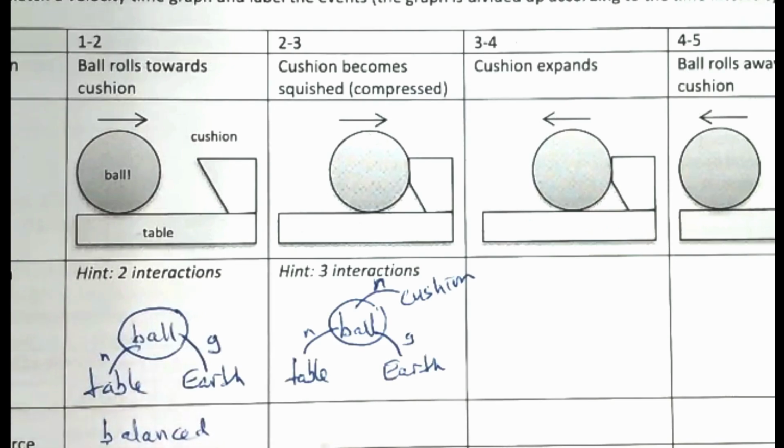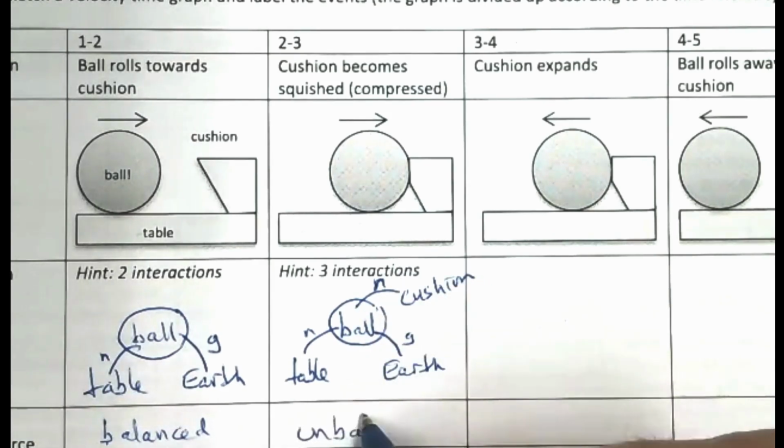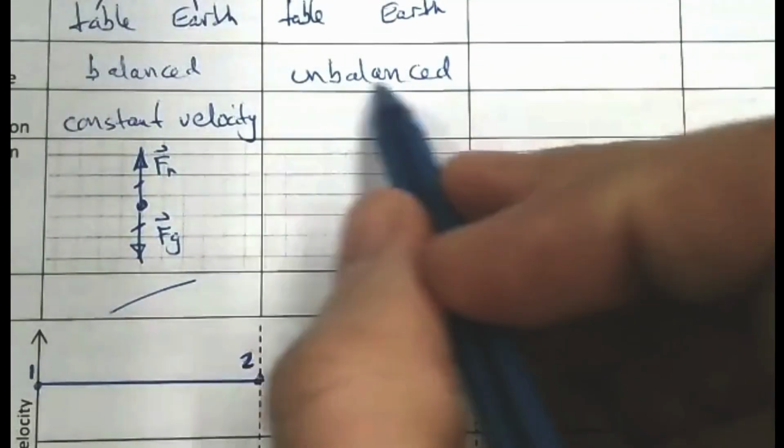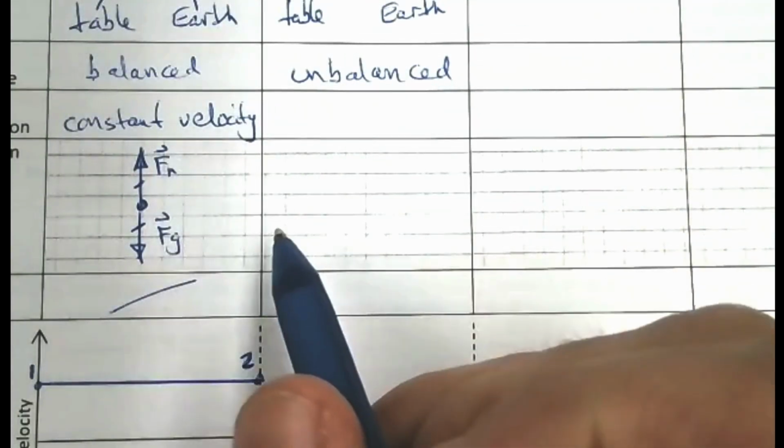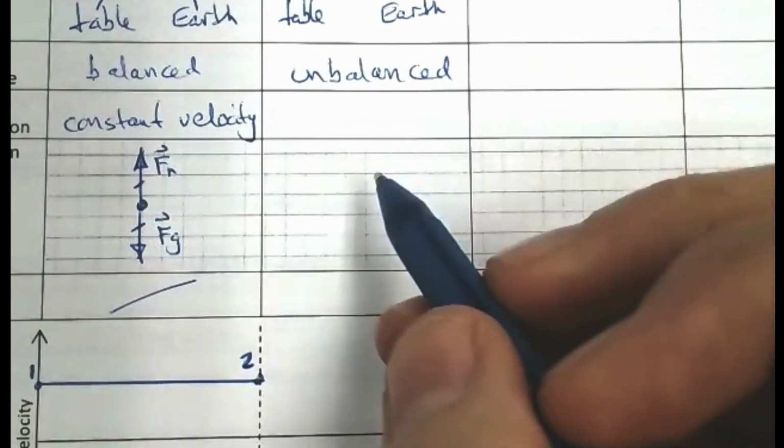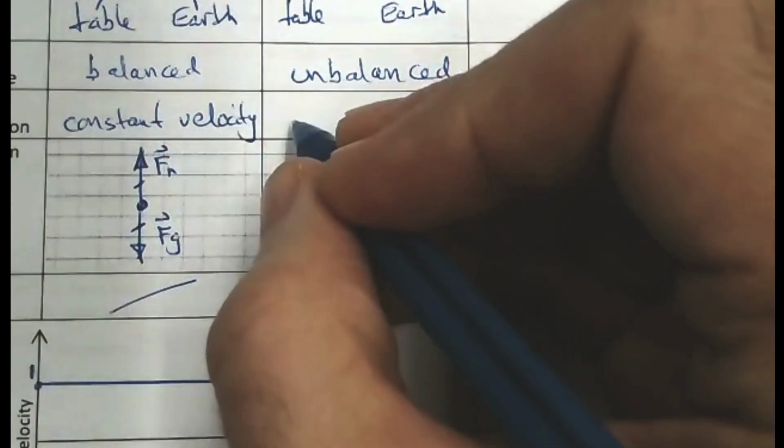In the horizontal direction, the state of force is now going to be unbalanced. There's going to be one horizontal force. Because the forces are unbalanced in the horizontal direction, the velocity is going to change. So the state of motion is going to be acceleration.